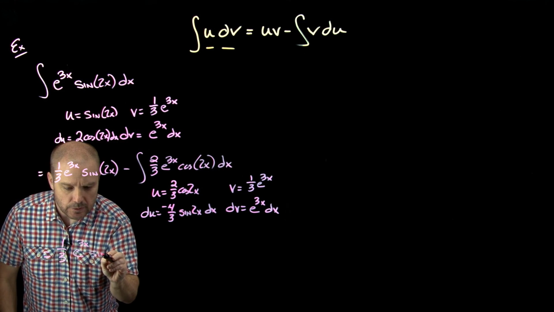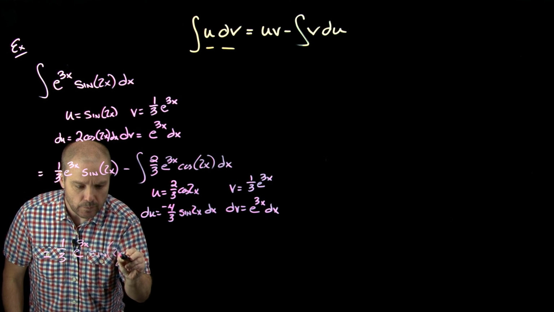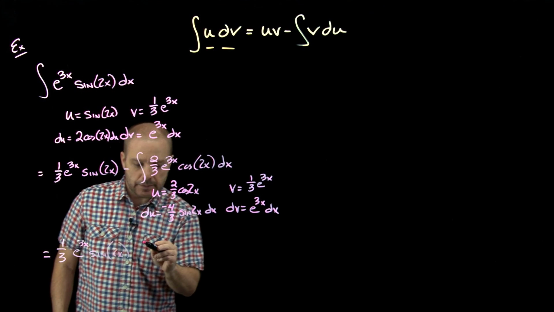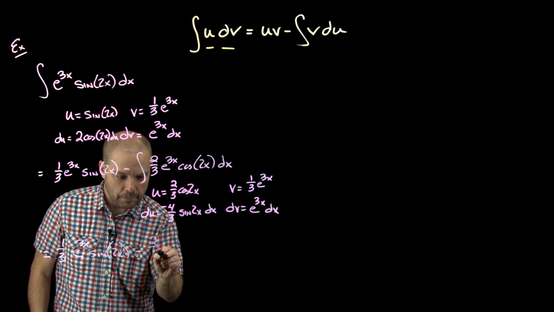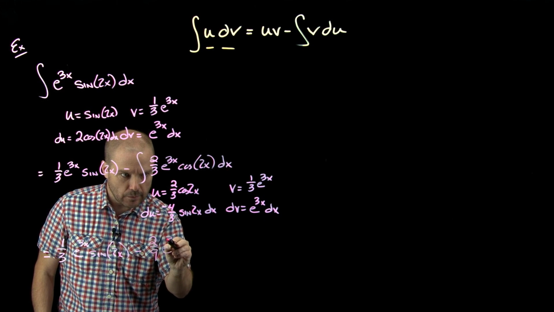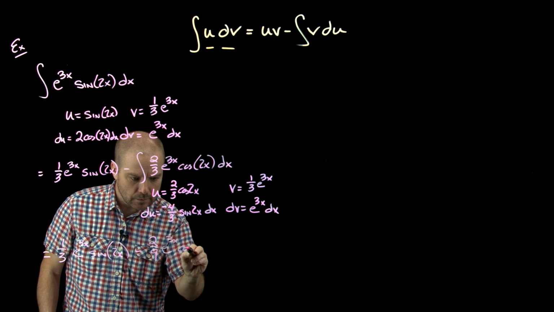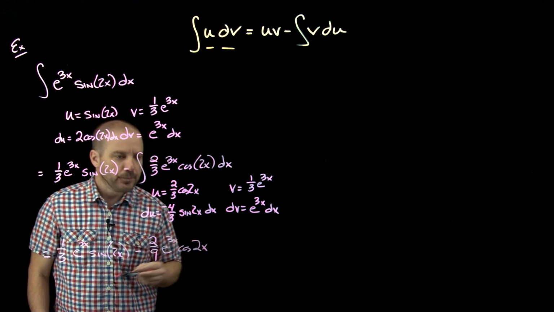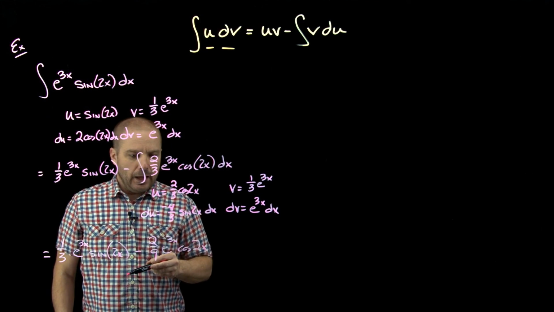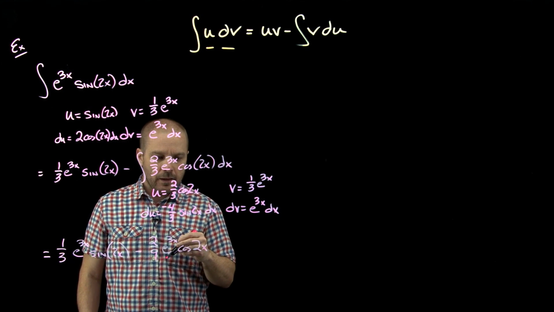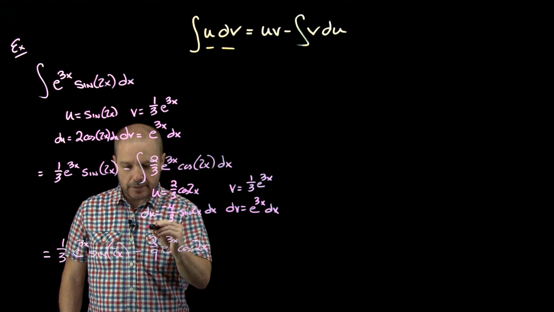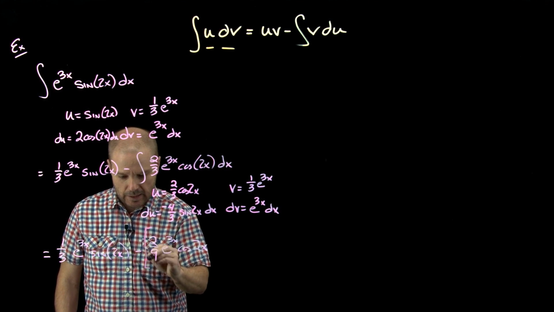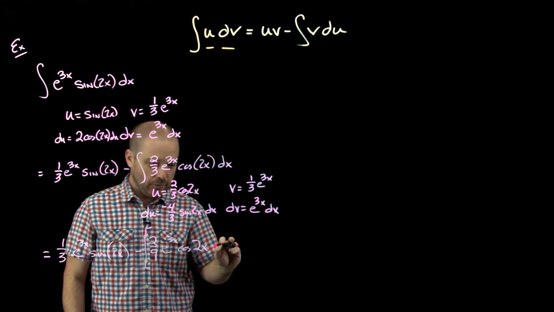So we have the original uv from our first time through, then minus uv, which would be 2/9 e to the 3x cosine 2x. And then, just so I don't get lost with my minuses, let's save the distributing of that minus for after the fact.